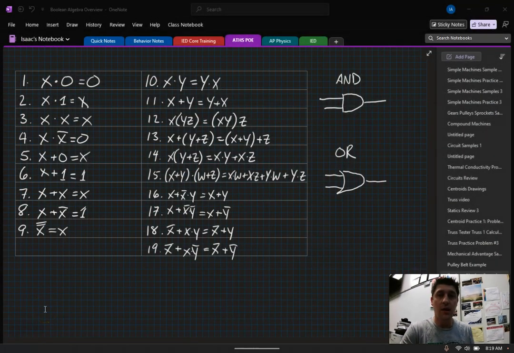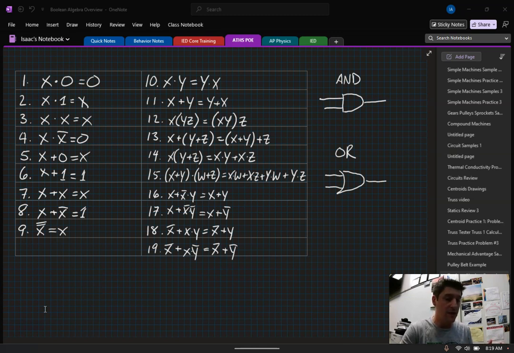So these are the first 19 rules of Boolean algebra, and at first glance they can look really confusing. First off, we've got some math symbols that we've seen in a traditional math class, but remember that those have different meanings in Boolean algebra and with digital logic.